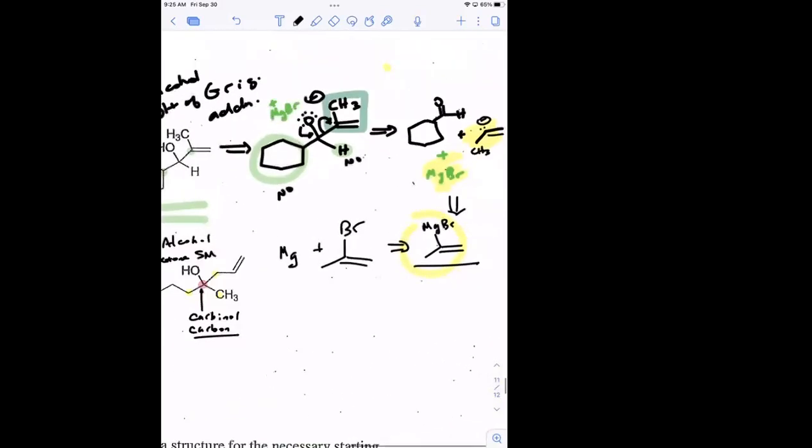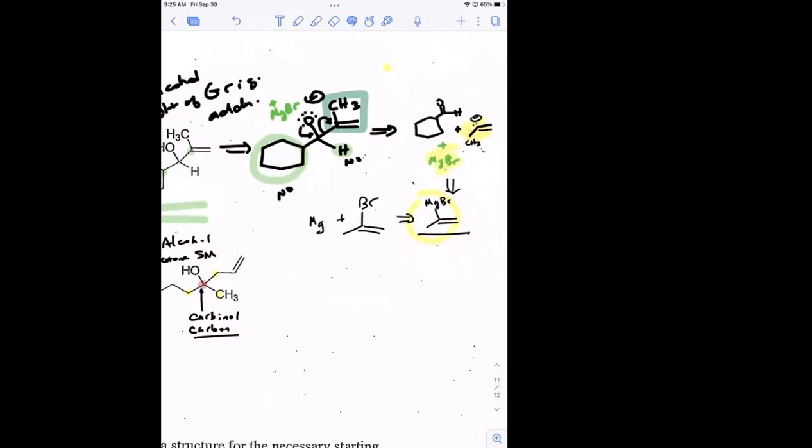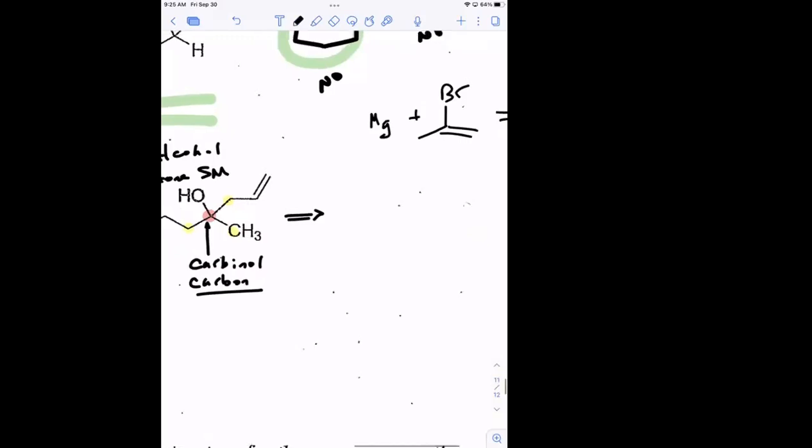Let me shrink this and get it out of the way. Let's tighten up. All right. First step is what? What's the first thing I do if I'm trying to do a retrosynthesis? I'm trying to work backwards. Take the hydrogen off the alcohol, right?